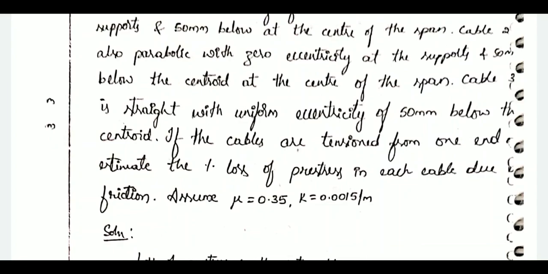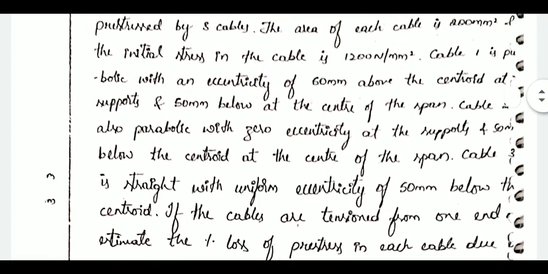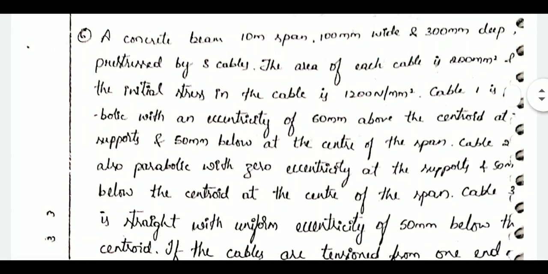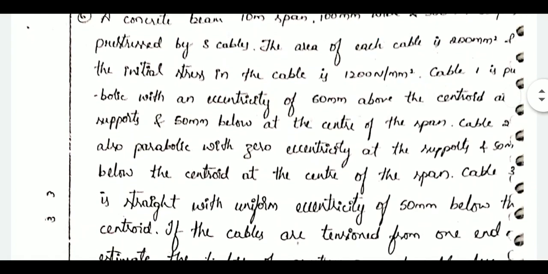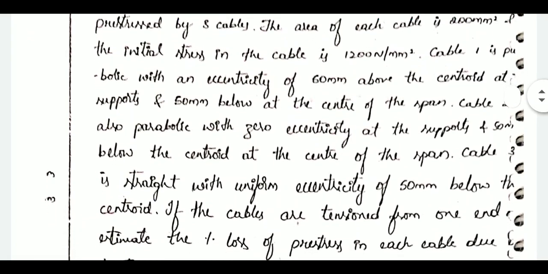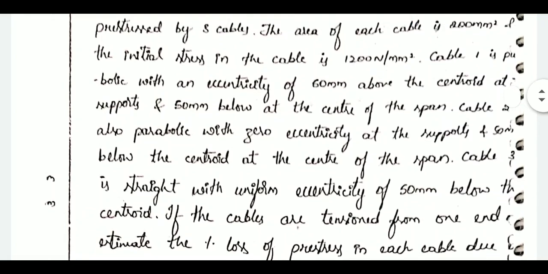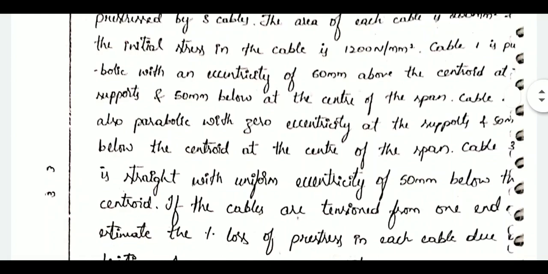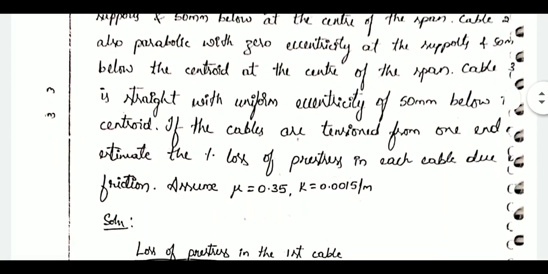0.0015 per meter. So here we have a beam of size 100 by 300 and a span of 10 meter. It is pre-stressed by 3 cables, each of area 200 mm square with the initial stress 1200 Newton per mm square. The cable profile is given.